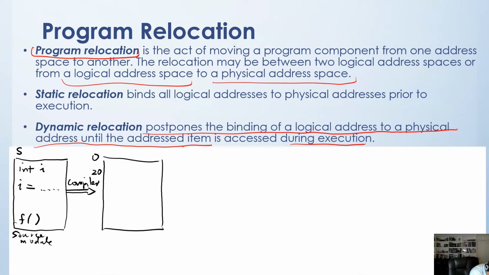I use the instruction called store, and the store instruction references location 20. And then I make a call to F. That means I'm going to call a function F, which is defined in some other place.